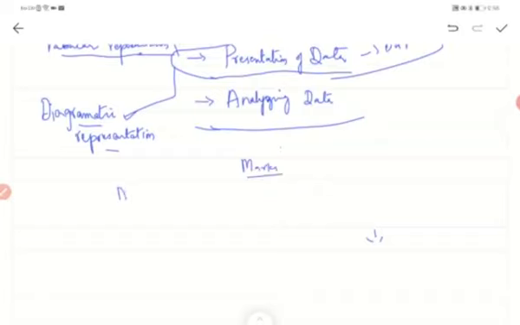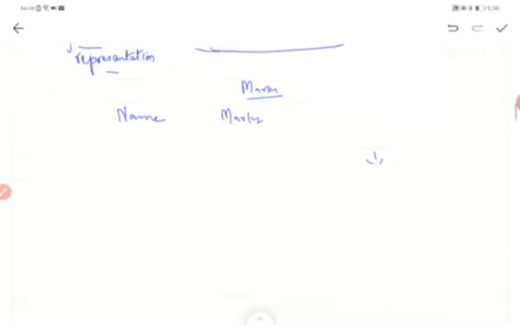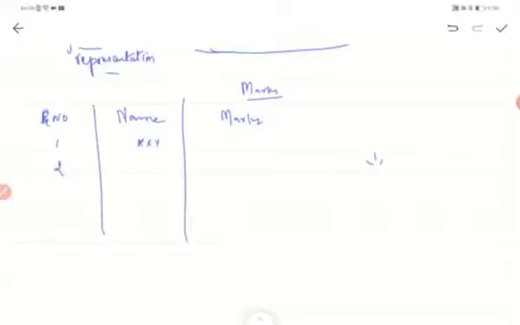I will represent it in tabular form with name, and then your marks. In this I have all your student names. I can write serial number as well, or I'll take roll number, 1, 2, and so and so name, with marks, and represent it in the form of a table.